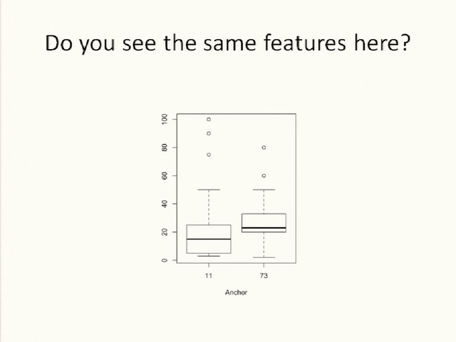That's right. So if you look at group 73 or group 11, the median over here is closer to the 25th percentile, to the first quartile. The 73 group's median is not in the middle of that box, so that indicates there's a little bit more skewness in the 73 group.